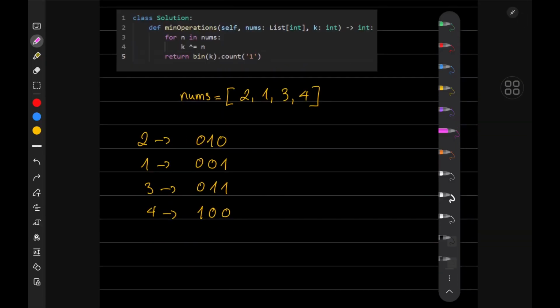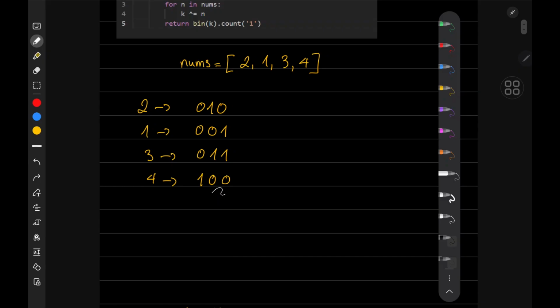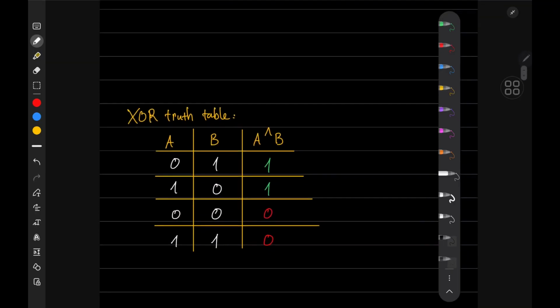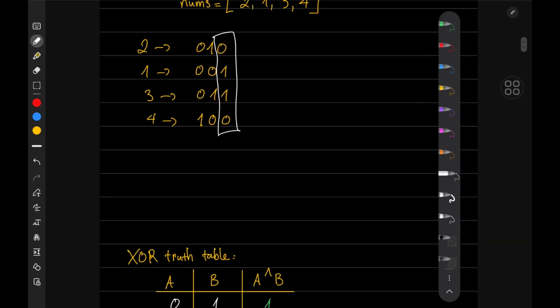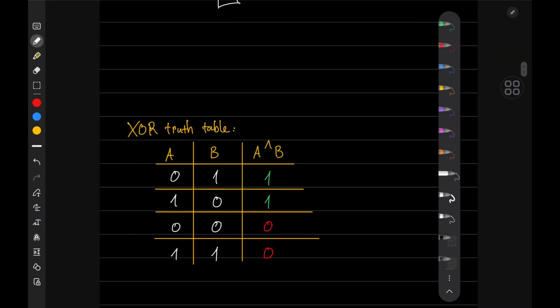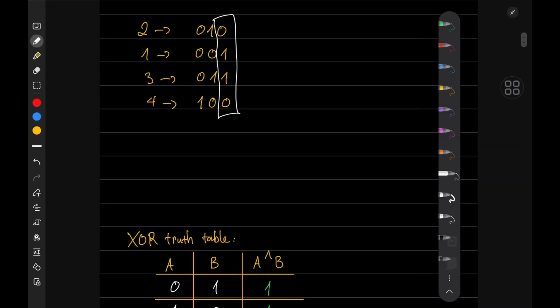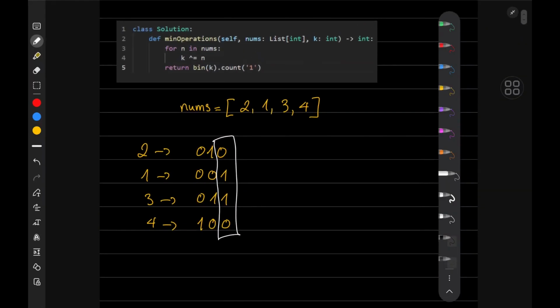So with our case here, I've converted these into their binary representation, as you can see in this column. As per the observation we just saw, if we flip one bit, the result will flip itself, right?